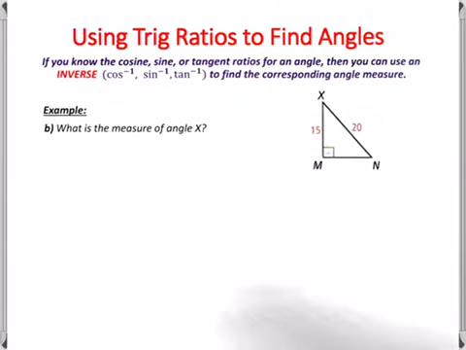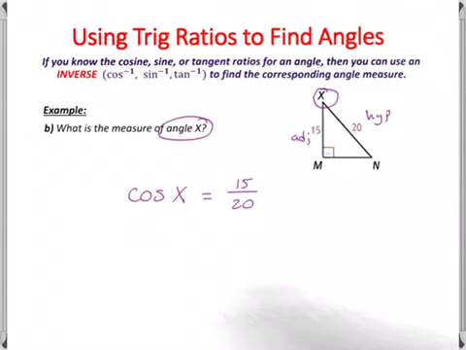So in the second one, we're also looking for angle x here. Angle x is here. So right now I know that I've got the hypotenuse and the adjacent side. Adjacent and hypotenuse is cosine, so I've got cosine of x equals 15 over 20, or adjacent over hypotenuse.